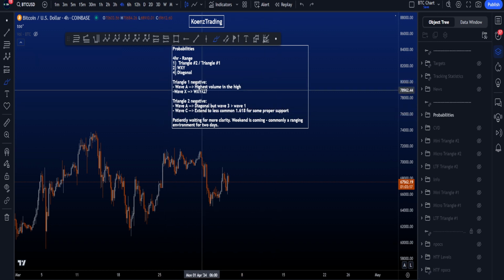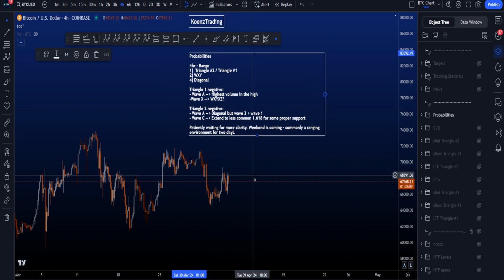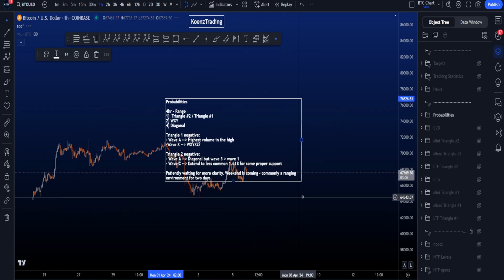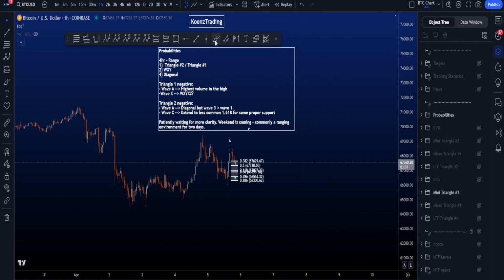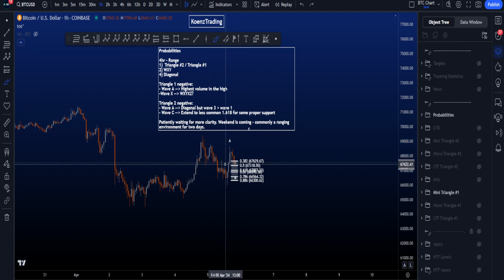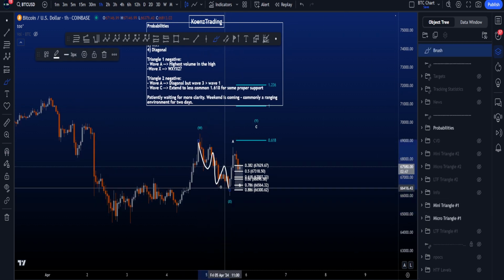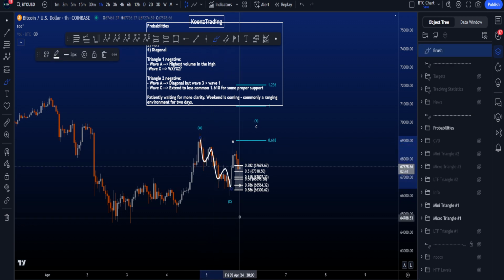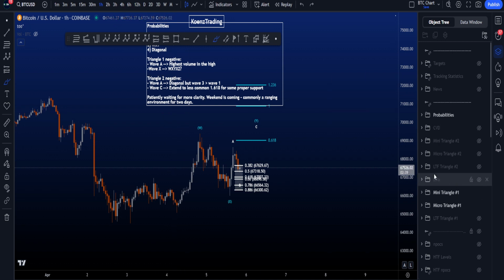Now, the reason why triangle 1 and 2 are on the 1st spot is also because of the negatives of both scenarios. Triangle 1 negatives is that the highest volume, as mentioned, is in the high of that wave A, as explained. And something I actually forgot to cover while talking about that scenario is that if we want to finish a wave over here, then that means that this wave X, let me actually get the blue count here, this wave X likely has to be a WXYXZ structure, as we can clearly count some sort of a 5-wave move here, and a WXYXZ is a rare corrective structure, so that's something to keep in mind as well.